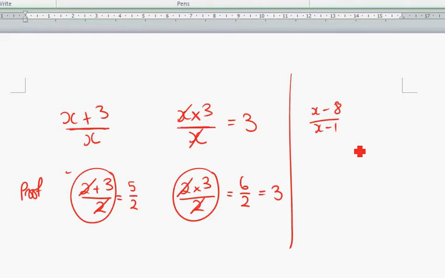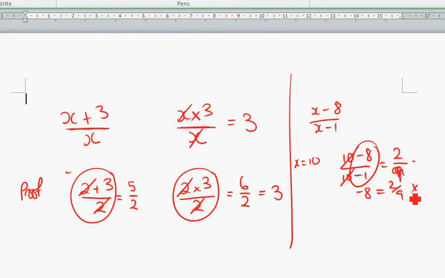Let's let x be something like 10. The correct answer, 10 minus 8 is 2, 10 minus 1 is 9, sorry. The correct answer is 2 over 9. Now if we just cancelled out the 10s, we would in fact be left with negative 8 equals 2 over 9, which is just garbage. So you cannot just cross the x's in this example.